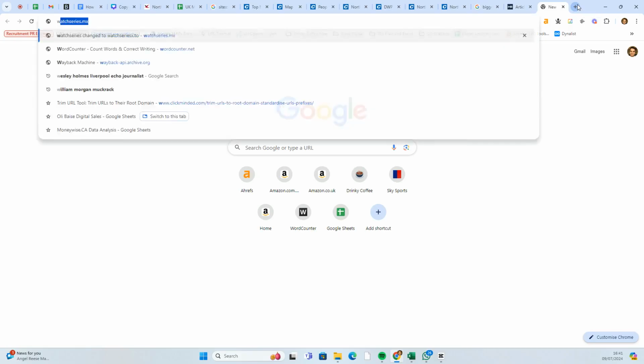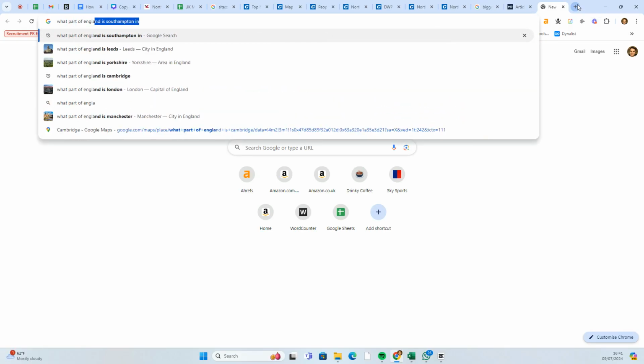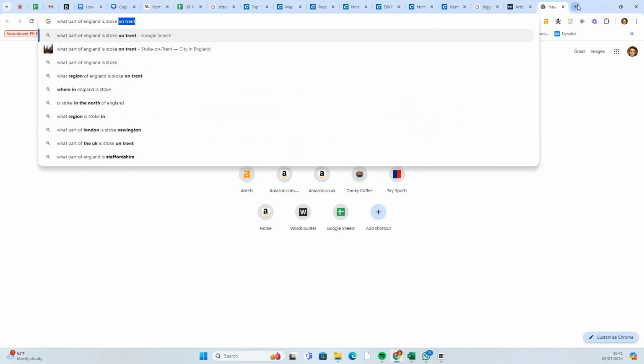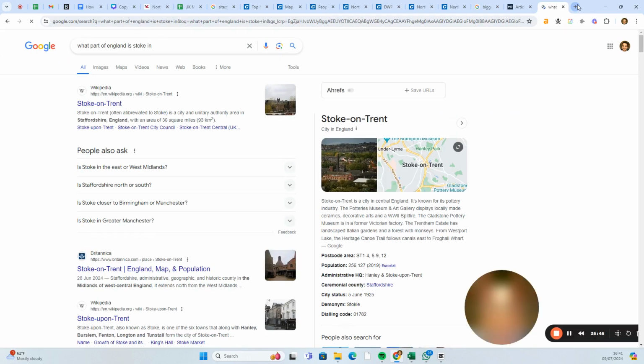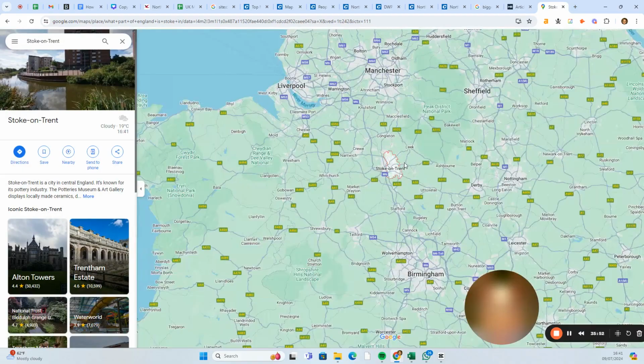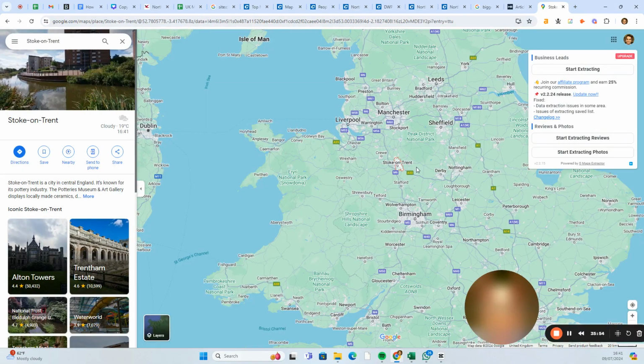So what part of England is Stoke in? Central England. So it was either East Midlands or West Midlands. That's definitely West Midlands.